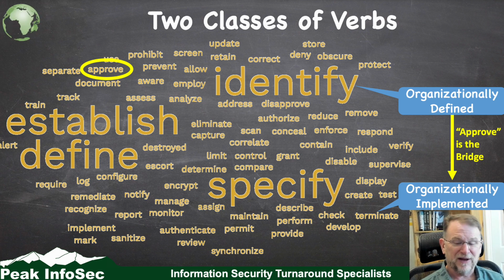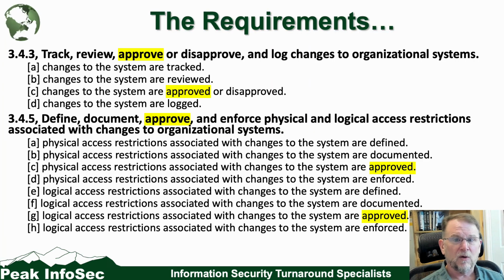We'll talk about that. Now, the related requirements are going to be 3.4.3, track, review, approve or disapprove, and log changes to your systems. Now, 3.4.5 is more related to your isolation techniques that you're using, then within those changes to enforce the physical or logical access restrictions. Again, we see the verb approve in here.